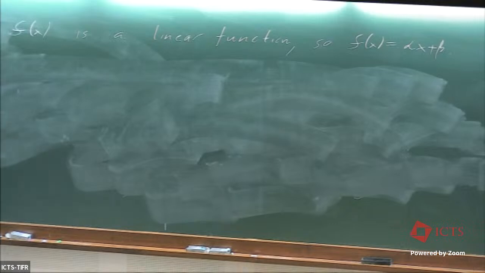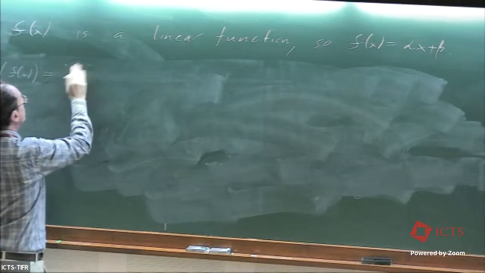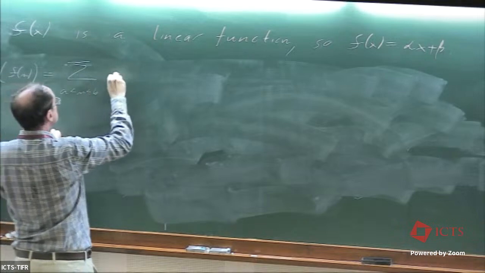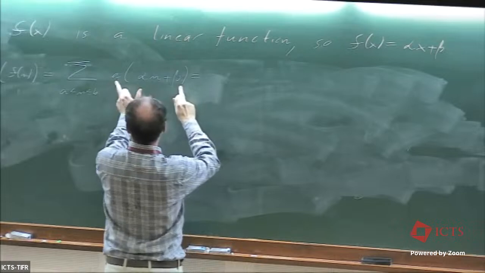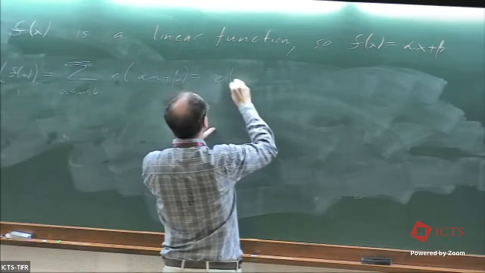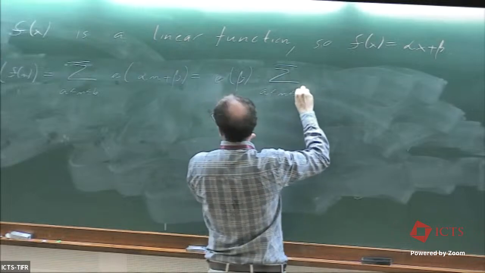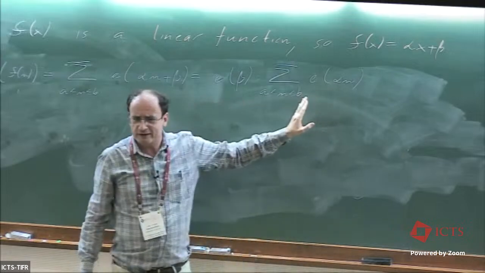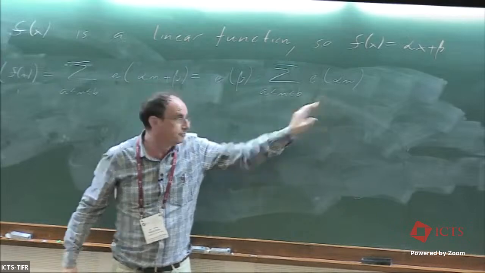The sum over a less than n less or equal b of e of alpha n plus beta is equal to e of beta, so this e of beta doesn't matter, times the sum of e of alpha n. Okay, and that is a geometric sum, so we have an explicit expression for that.